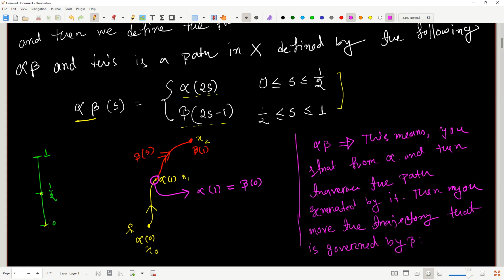This is what the product means, and we'll see much of this later on.